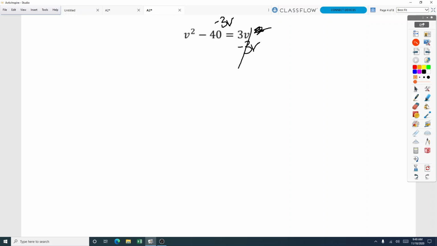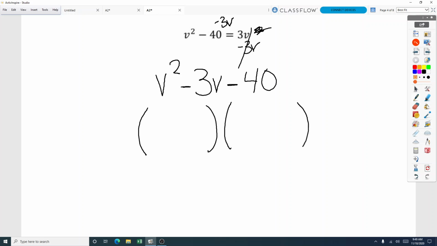So now I have v squared minus 3v minus 40. So everything is on the same side. That's my step 1. And now I can factor. Well, luckily, I don't have anything in front of the v squared. So I'm going to draw my factors. Each factor gets a v.